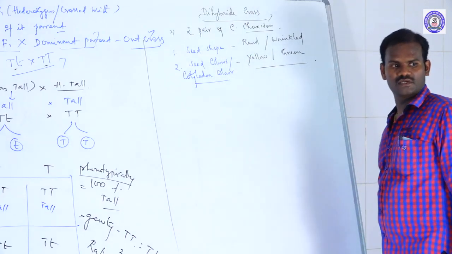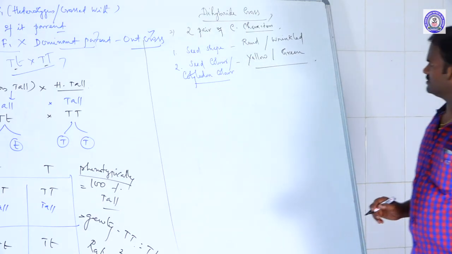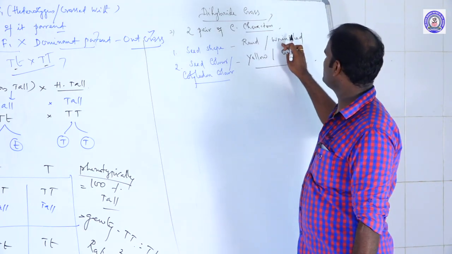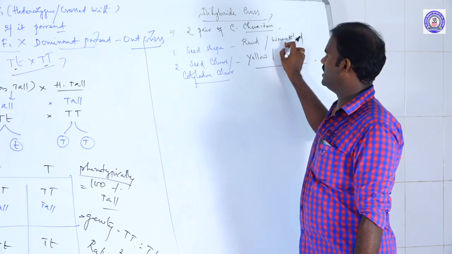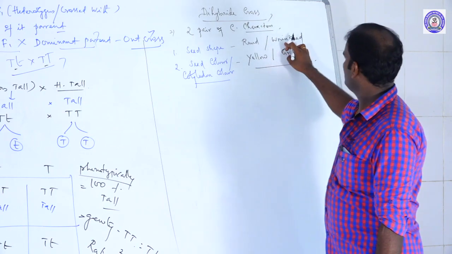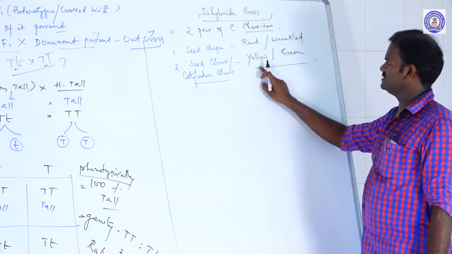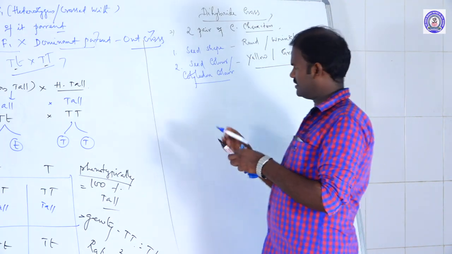That's all. So he took two pairs of contrasting characters: seed shape, round and wrinkled, and seed color, yellow and green.